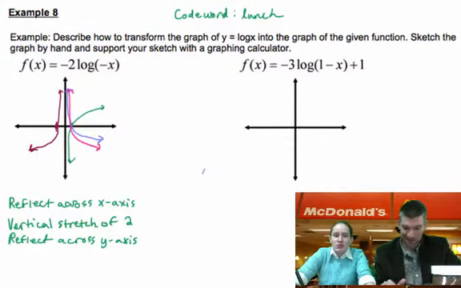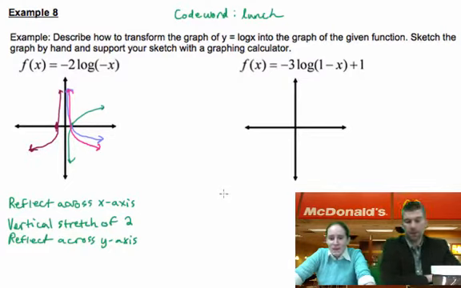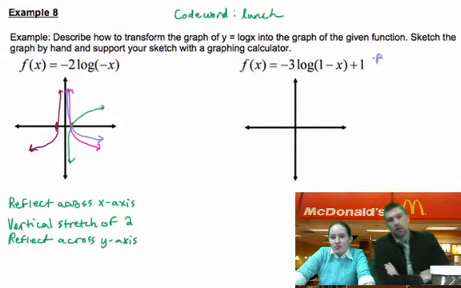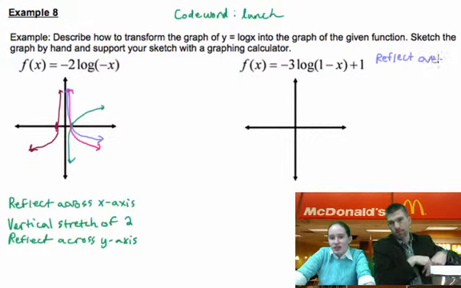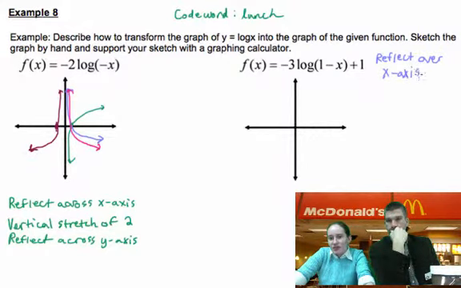All right, coming up, this one's a little trickier. Okay, so what have we got? I'm going to start from left to right. We reflect over the x-axis again because there's a negative on the outside. We have a vertical stretch by 3.